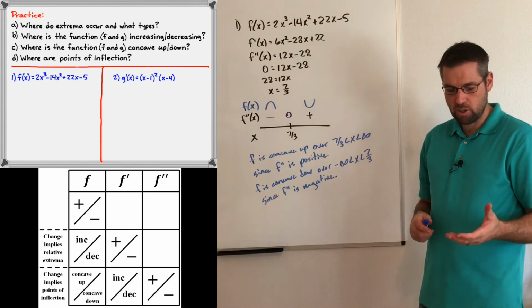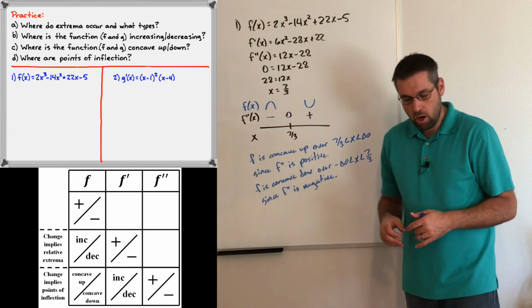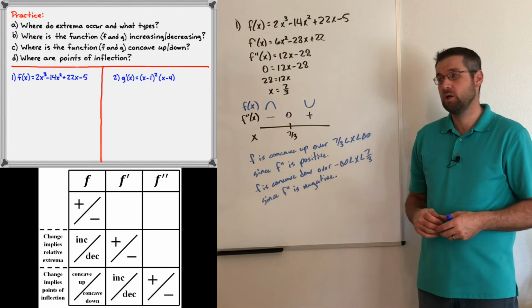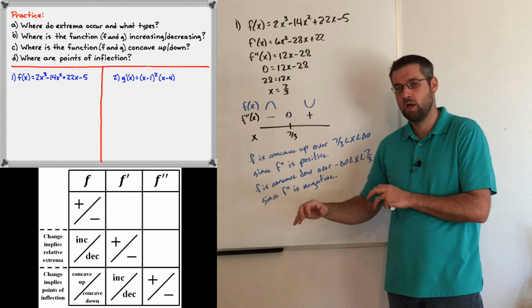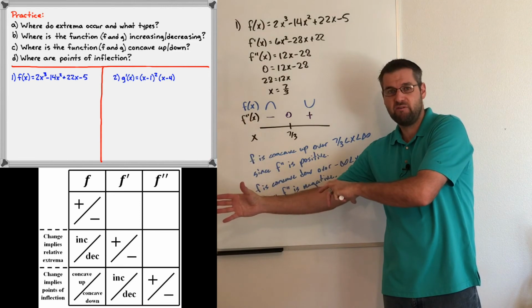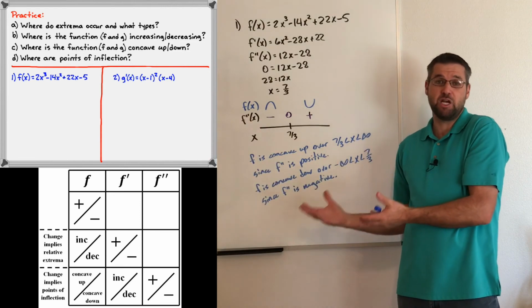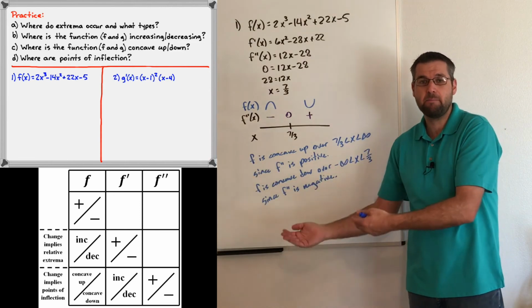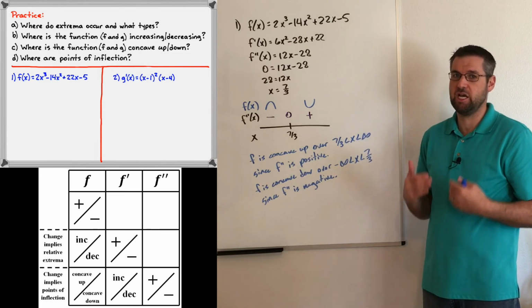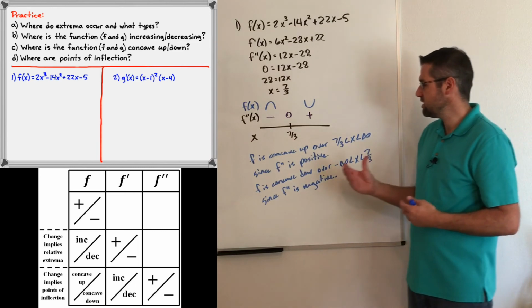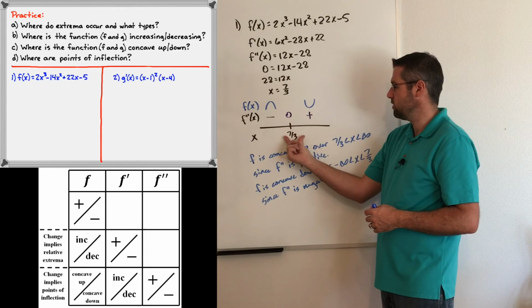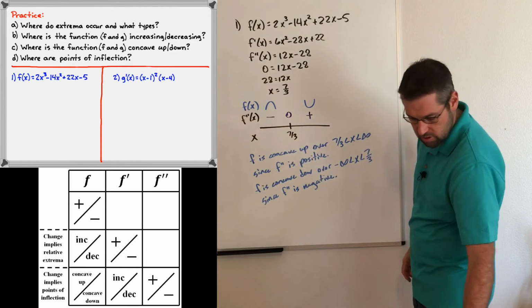And the last part, question D, it says, where are there points of inflection? Well, again, that's the last row of our chart. F has a point of inflection when f changes concavity. Well, that means f double prime has to change signs. So we can see that f double prime changes signs only at one point here. So let me use a different color.